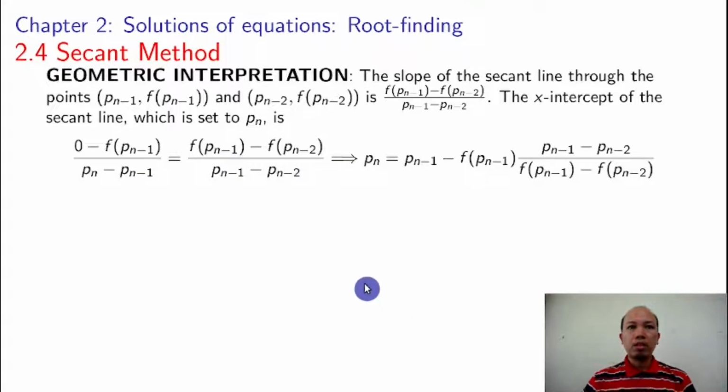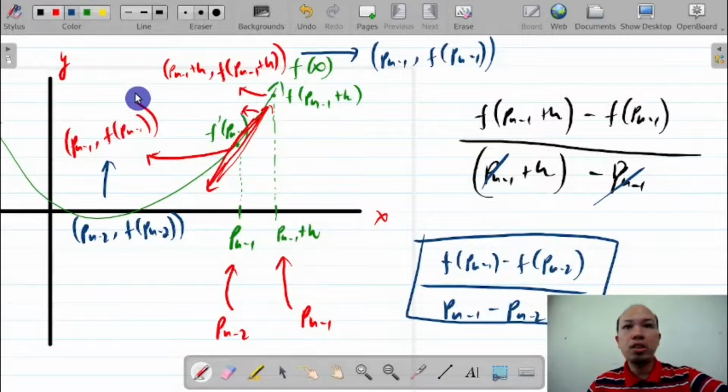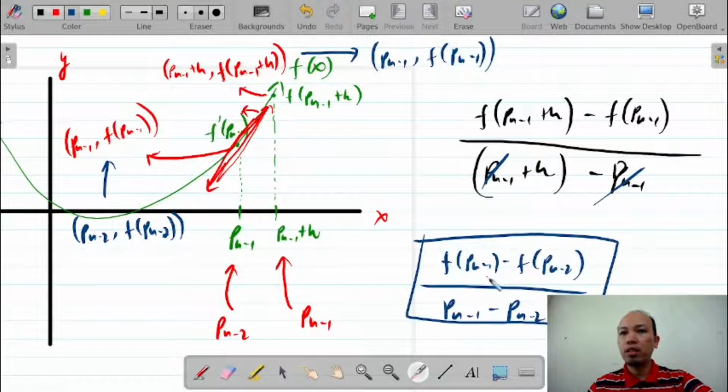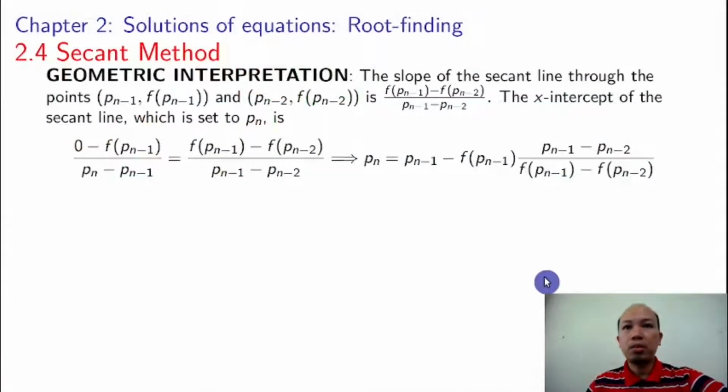So the geometric interpretation, just like before: the slope of the second line, based on our computation in the open board, is this one here. Going back to our PDF, this is the slope, and the x-intercept of the second line, which is set to be p sub n, is this one.